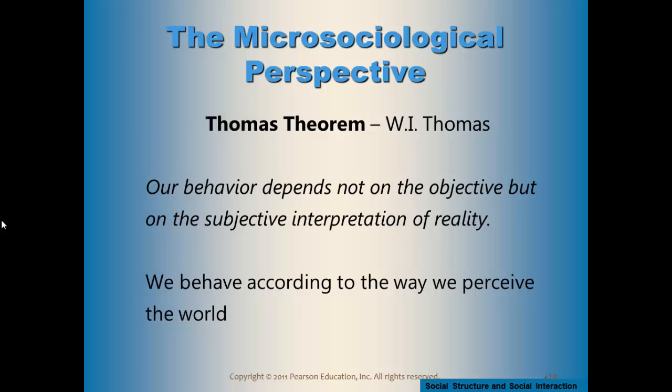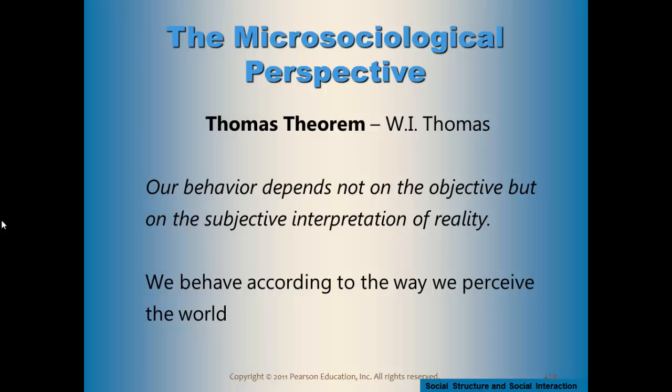W.I. Thomas's theorem says that our behavior depends not on the objective but on the subjective interpretation of reality. That is, we behave according to the way we perceive the world. In fact, there are those who think, and you'll hear this again, that reality is a social construct.